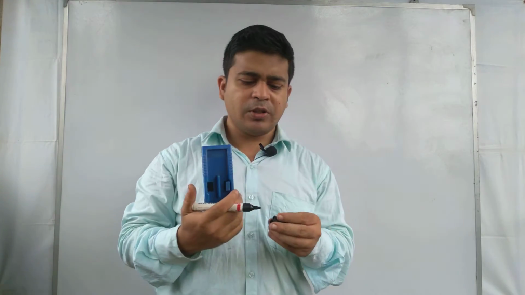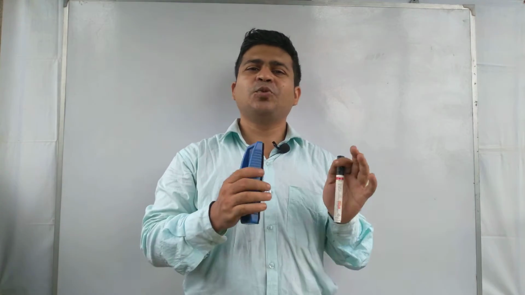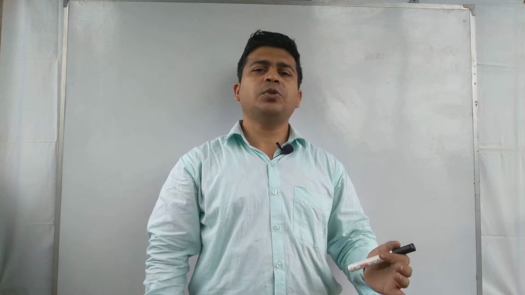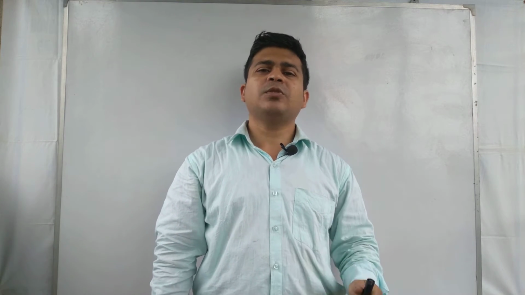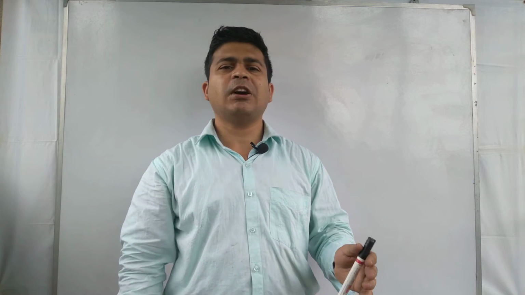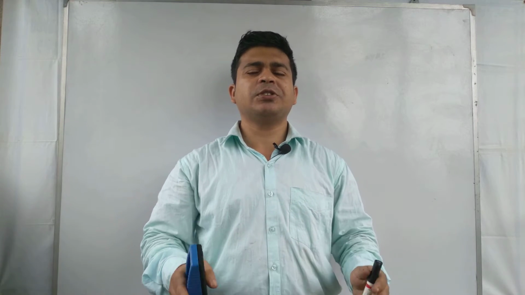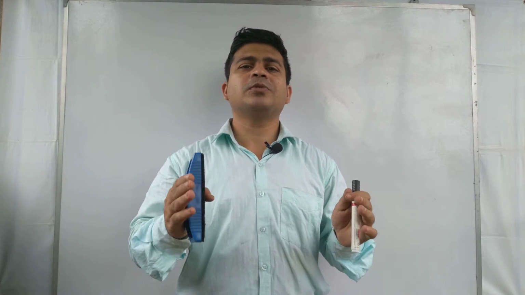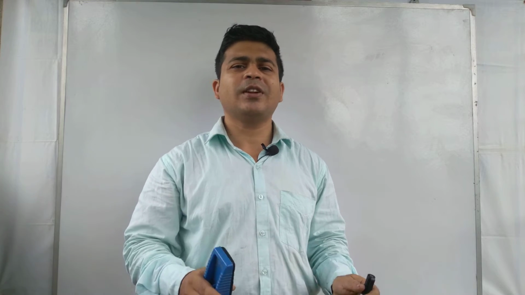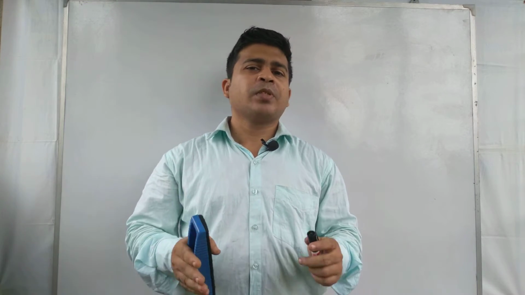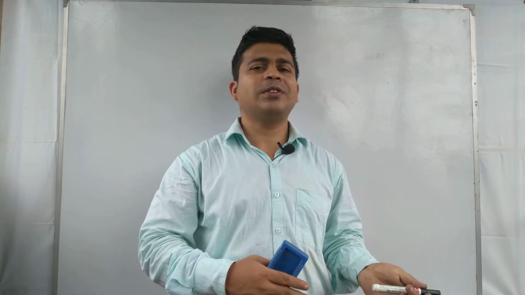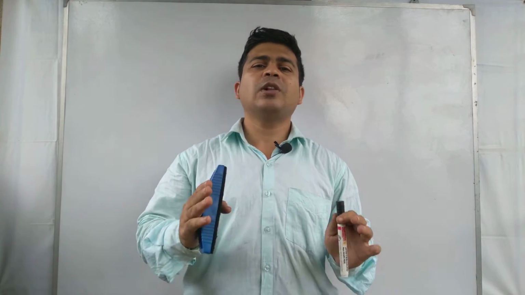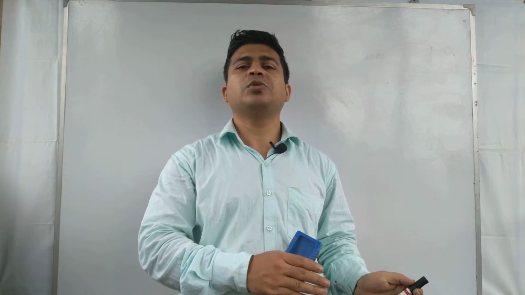In the ion electron method, at first you have to write the equation that is given to you in ionic form. After changing it to ionic form, you have to separate the two halves, that means one is the oxidation half and another is the reduction half, because a redox reaction is made up of the combination of two halves. After separating them, you have to balance all the atoms present on both sides.